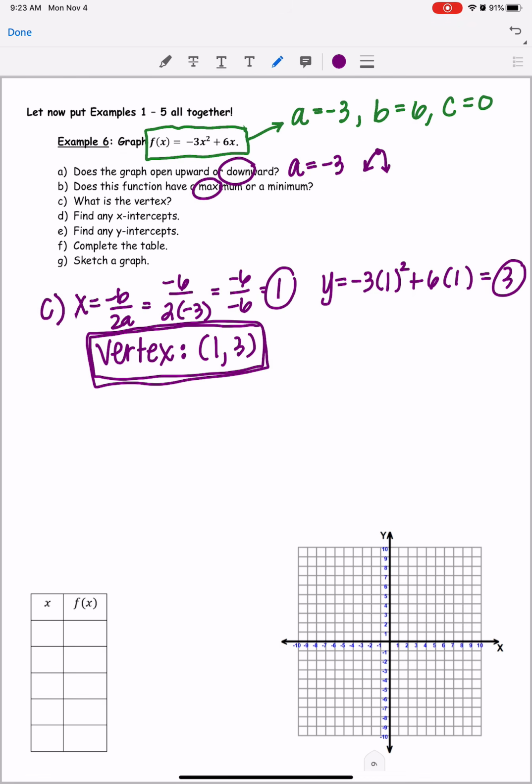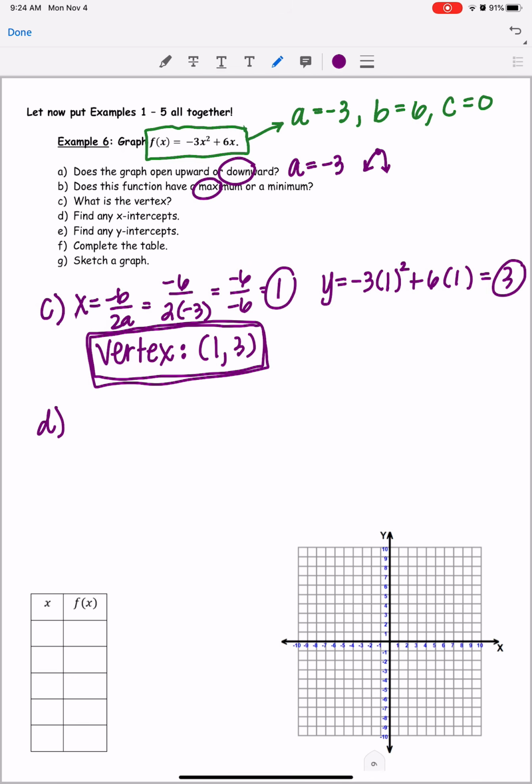D, find any x-intercepts. Okay, I won't lie to you, your x-intercepts are the harder ones. So we can do this by factoring, by quadratic formula, or by square root property. Well, the square root property actually doesn't apply to this one because we have a b. You can only do square root property when you don't have a b. So we have quadratic formula or factoring.